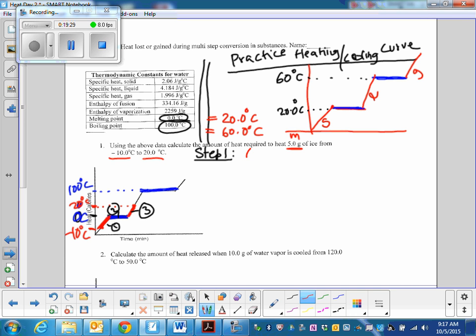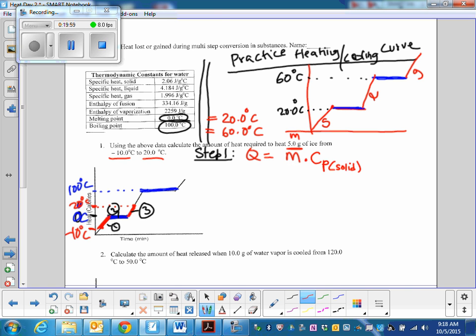So, Q equals m times c times delta T. The second letter is specific heat, okay? What is the state of the substance here? Is it a solid, liquid or gas? What do I need? Do I need specific heat of solid, liquid or gas?